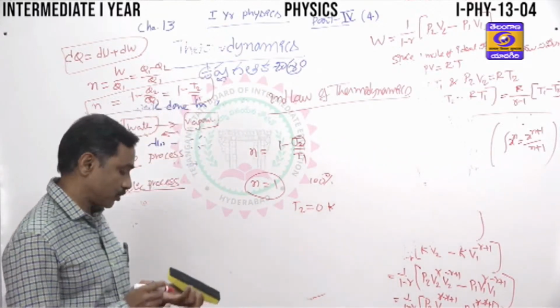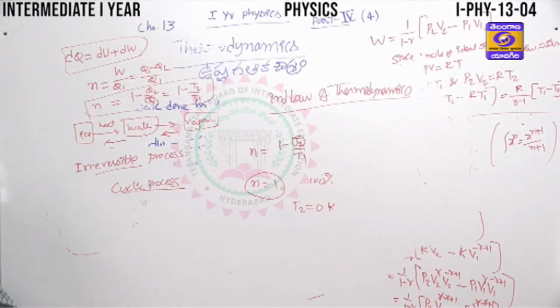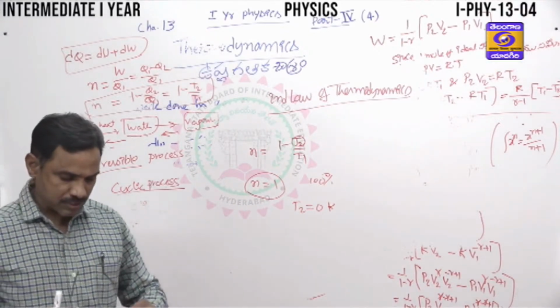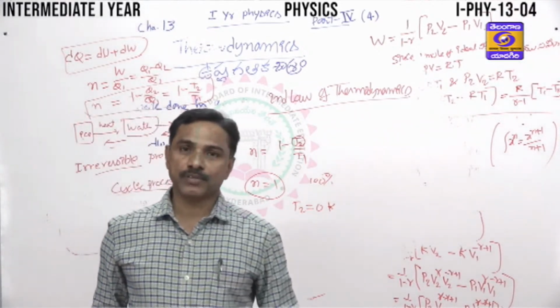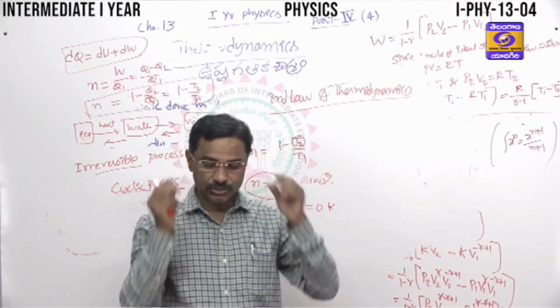Now, a simple question for your IPE examination. Let me repeat, take it as an assignment. Distinguish between isothermal and adiabatic processes. Note down, students, please note down the questions.